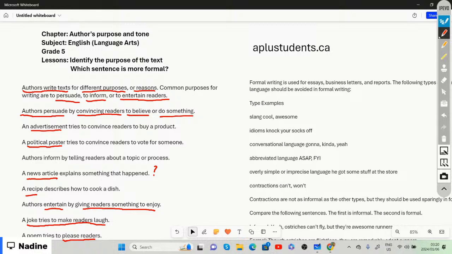So those are different ways in which the author tries to write his text for different purposes or reasons. Keeping in mind, it is also to persuade, to inform, and to entertain.